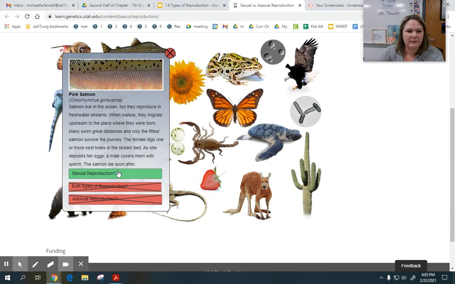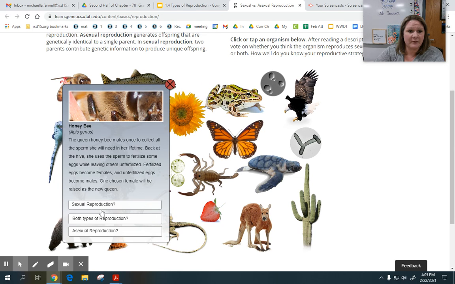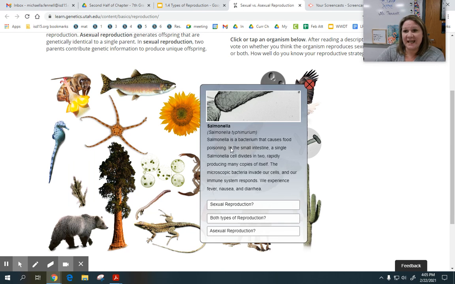And it'll tell you here if you have the right or wrong answer. So there's a couple different ways you can do this. You can go right to the website, read about each one and jot it down. And then you're going to have questions. There's a question about each organism. So you could read this and do the questions at the same time.